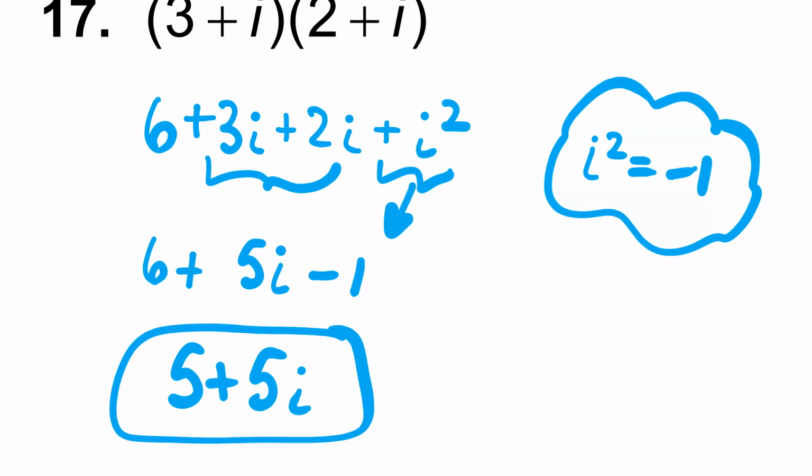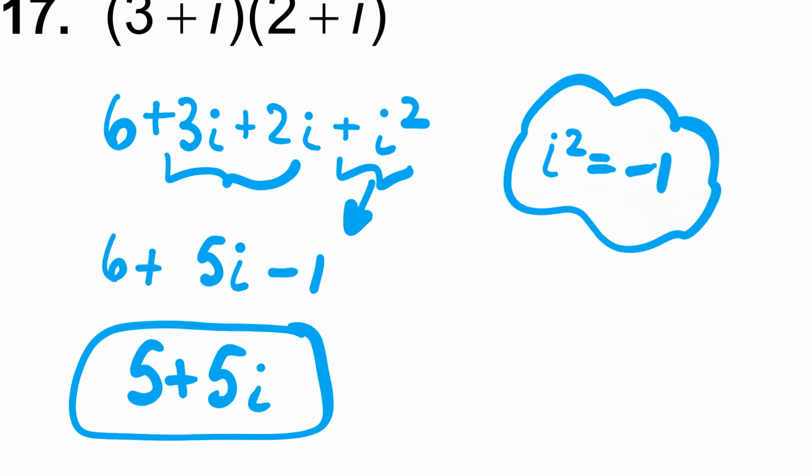This is not something I give you. You have to know i squared is negative 1. Student: I to the 5th?